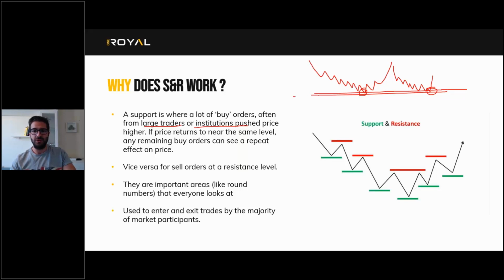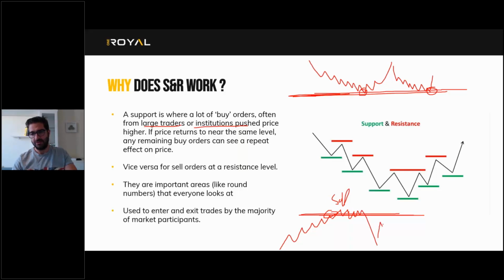This is why these levels are also called psychological levels. And similarly, if we're talking about a move to the upside when the market faces resistance, here the big players or institutional traders put sell orders, and this is why the market tumbled.